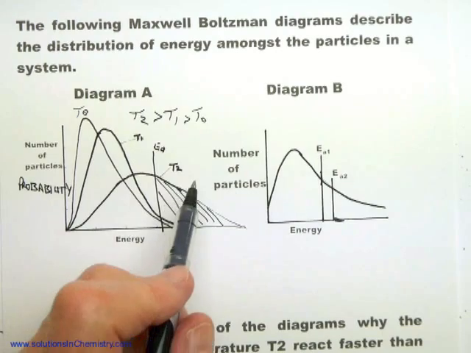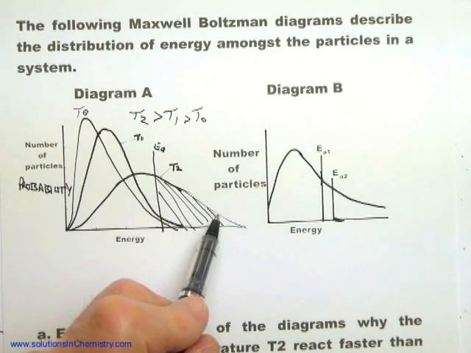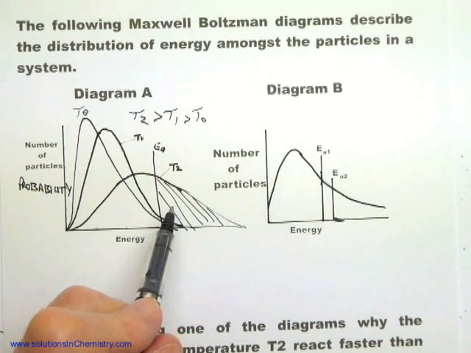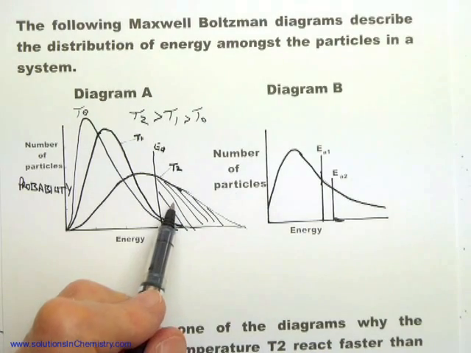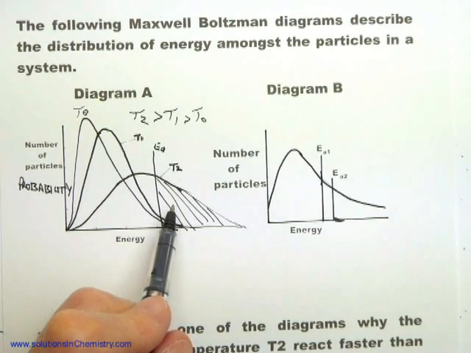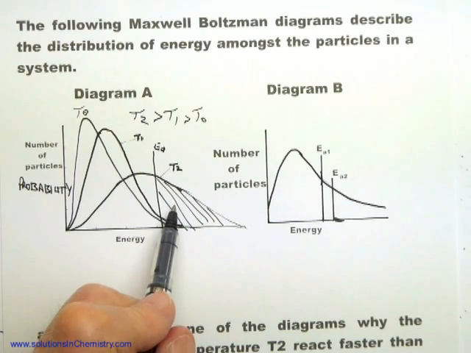Therefore, you can say at temperature T2, the reaction will go faster because there are more particles with that energy, and they will therefore collide more often. So the reaction will be faster.